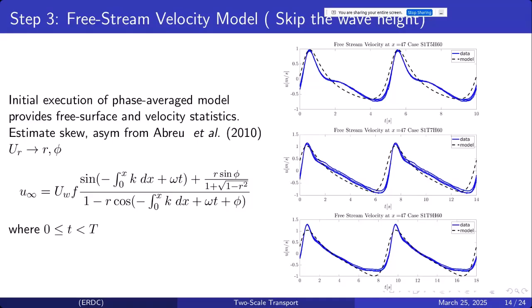We have things like the significant wave height, and we have the velocity statistics, and so we can estimate what the natural waveform is, the skewness and the asymmetry, by Brew from 15 years ago. And so this is just an example of those predictions made, and the predictions are shown as the dashed black lines relative to some laboratory data that was taken at OSU in a laboratory wave flume.